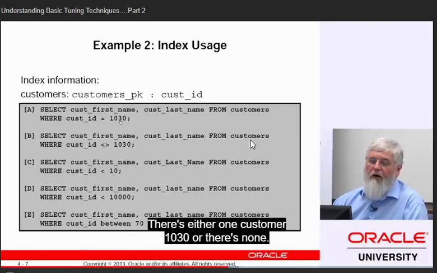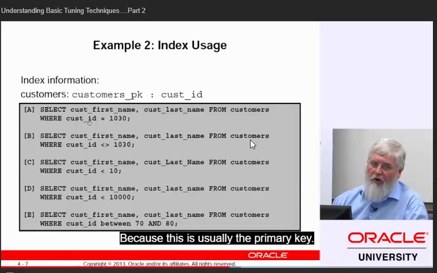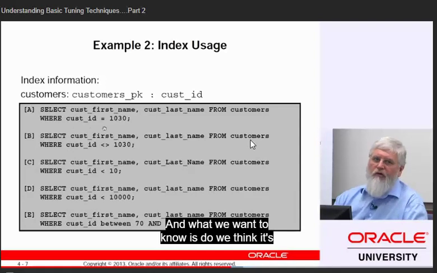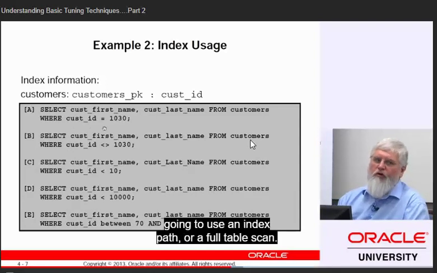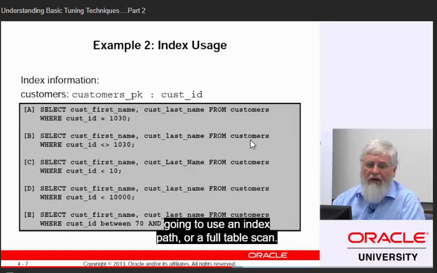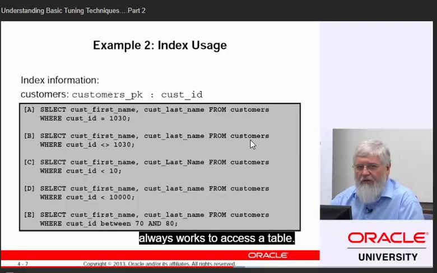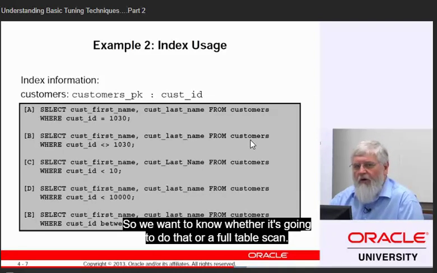There's either one customer 1030 or there's none, because this is usually the primary key. So it's doing a unique lookup on the primary key, and what we want to know is, do we think it's going to use an index path or a full table scan. If an index path doesn't work, a full table scan always works to access a table.